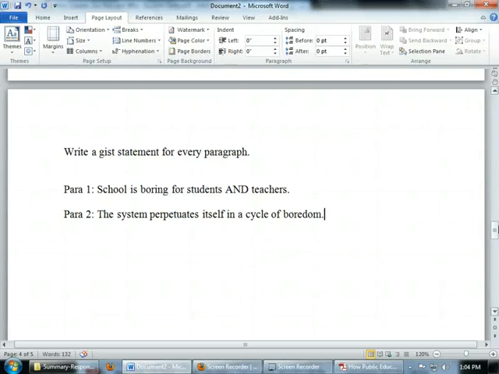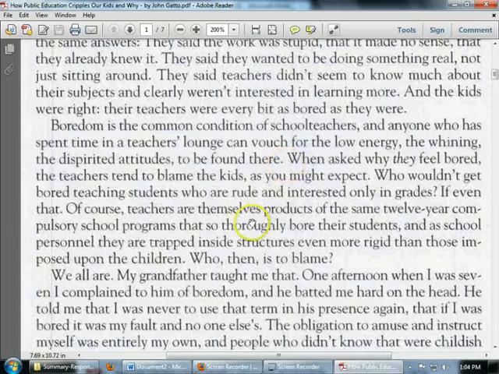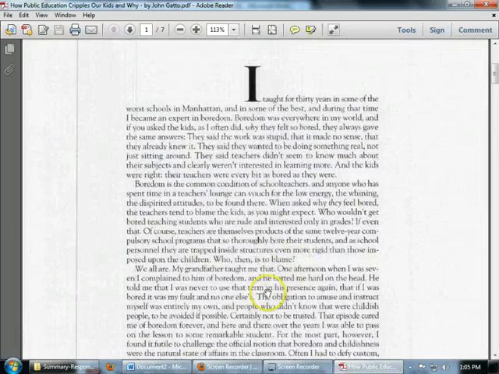He's saying that teachers are bored because they were students in the same system, and when they were students, their teachers were boring, and when their teachers were students, they were bored by their teachers, and so on and so forth. So Gatto is trying to say here that it's just ingrained in the system. Okay, so those are just gist statements for paragraphs 1 and 2.